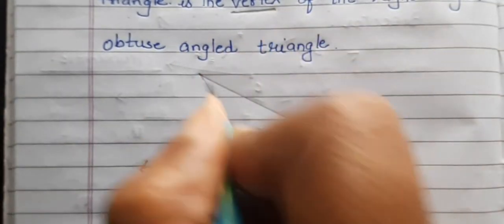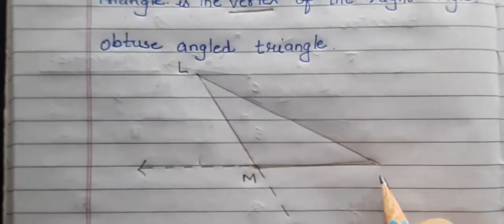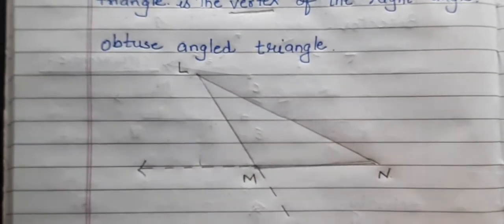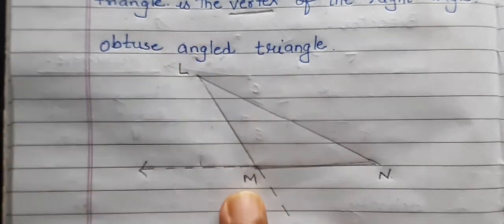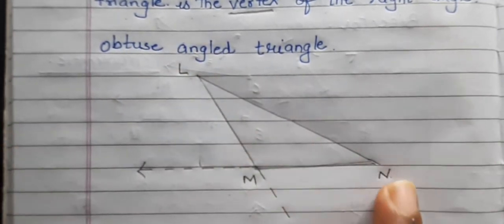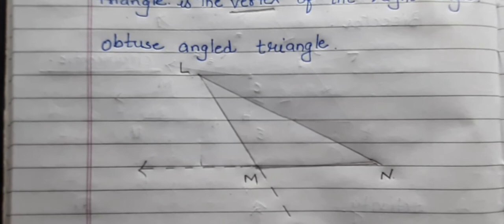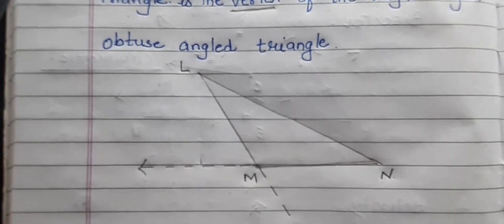I'll name this triangle LMN. Here I have extended LM and MN further to get the altitudes and the point of concurrence.